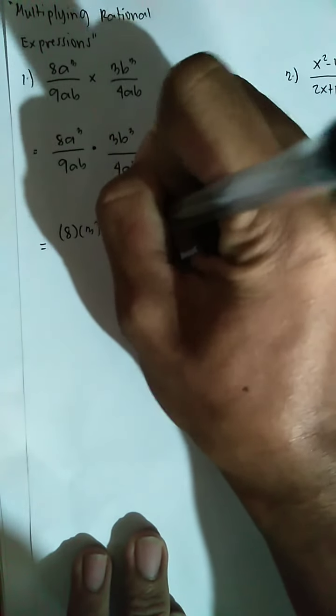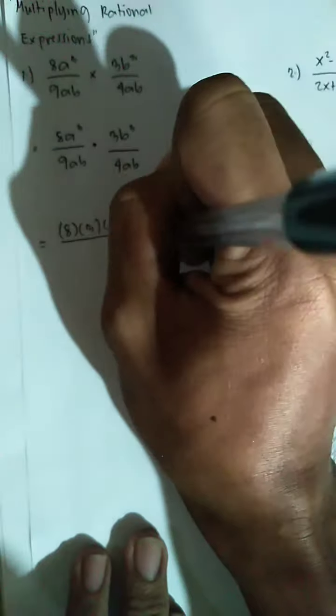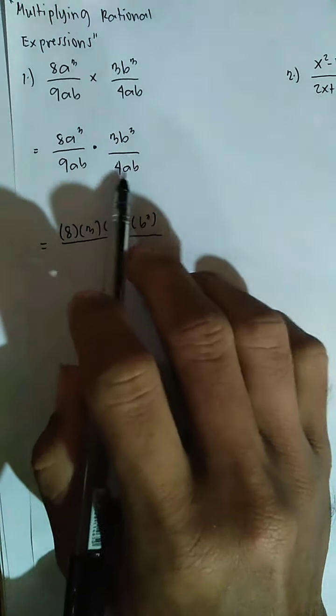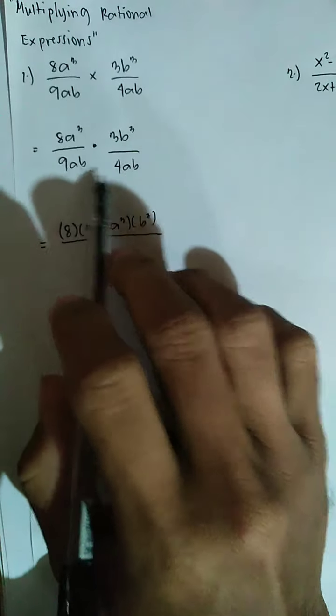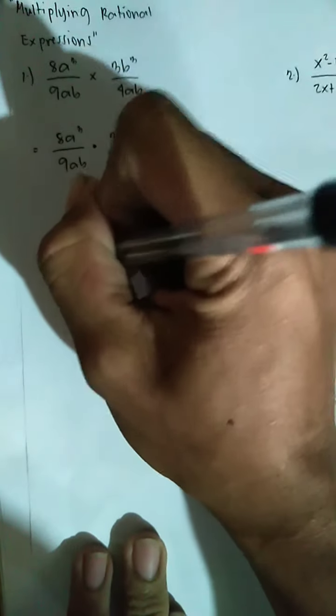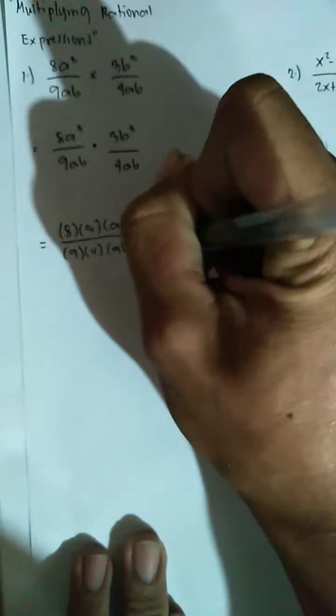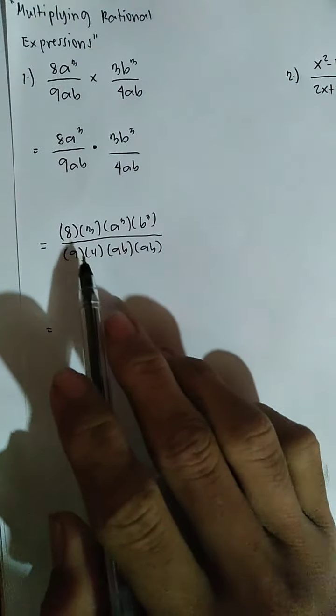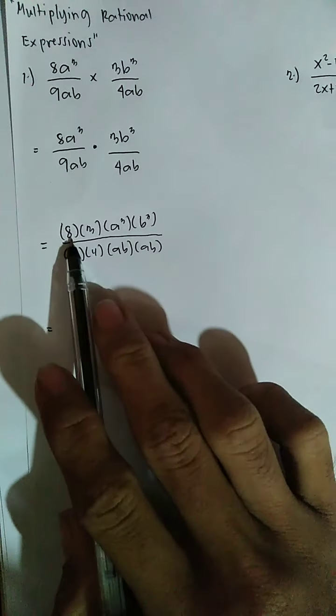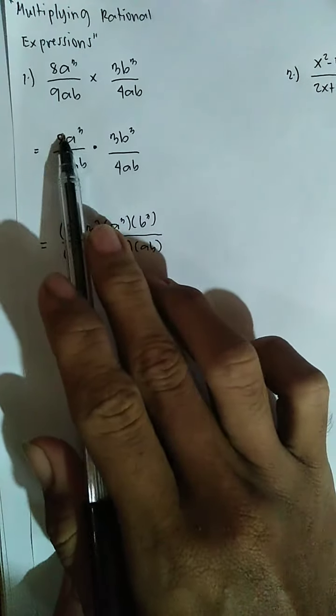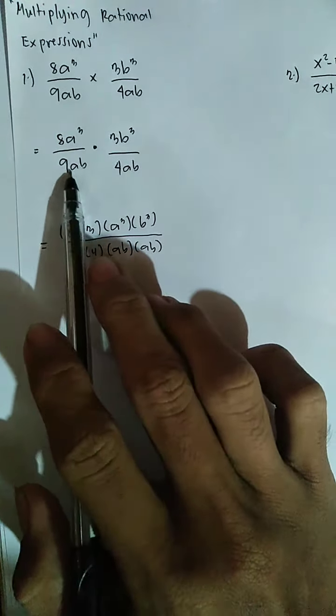You will say 8 multiplied by 3, then a cubed multiplied by b cubed, all over our denominator multiplied by denominator, 9ab times 4ab. So 9 times 4 times ab times ab. Okay, so this is now the structure after we multiply numerators and denominators.